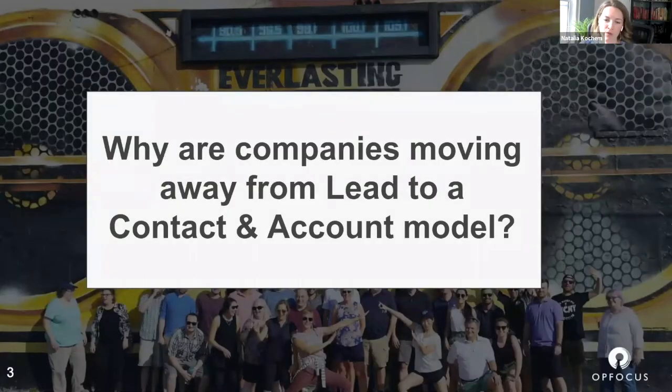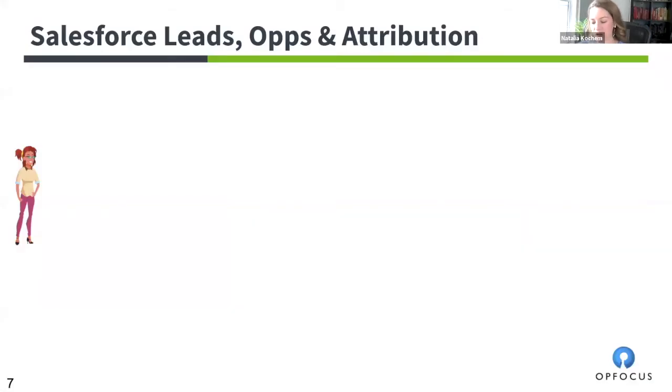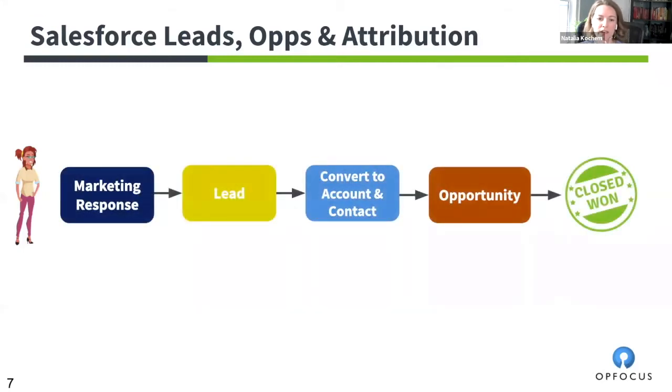So why are companies moving away from leads to a contact and account model? There's a couple reasons. First, I'm just going to share quickly the standard model that most people are used to when we talk about lead conversion. Marketing has done some sort of activity on their marketing automation platform. They've set out some sort of marketing campaign.